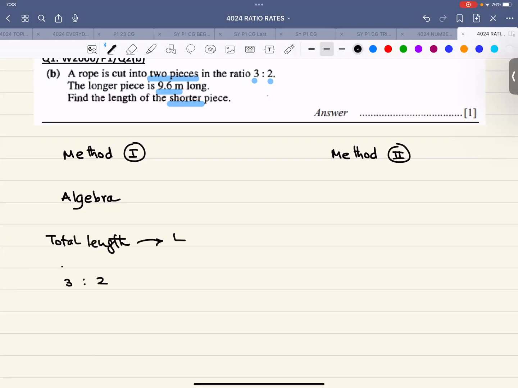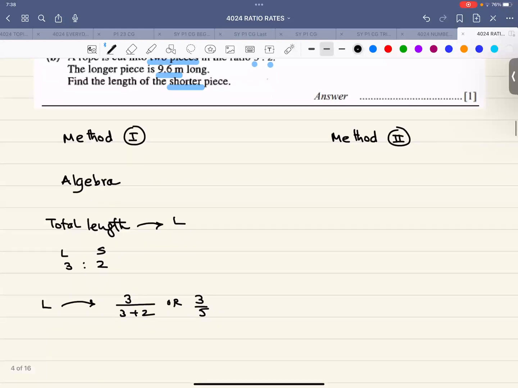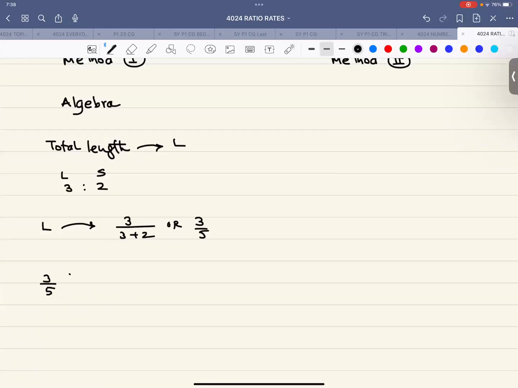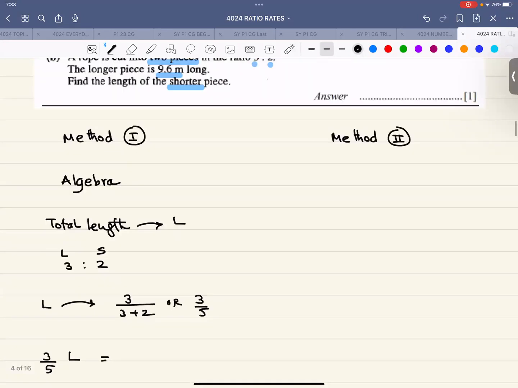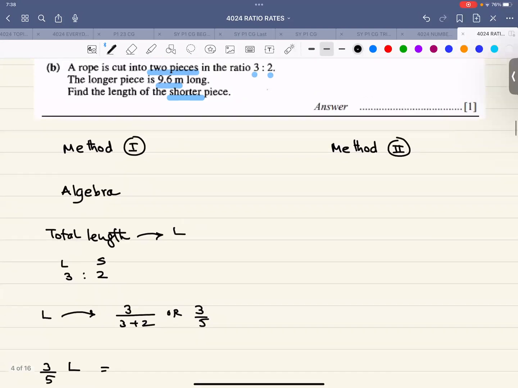This is the longer one, this is the shorter one. The fraction representing the longer is 3 divided by 3 plus 2, which is 3/5. Therefore, 3/5 of this length L should equal how much? That is 9.6.